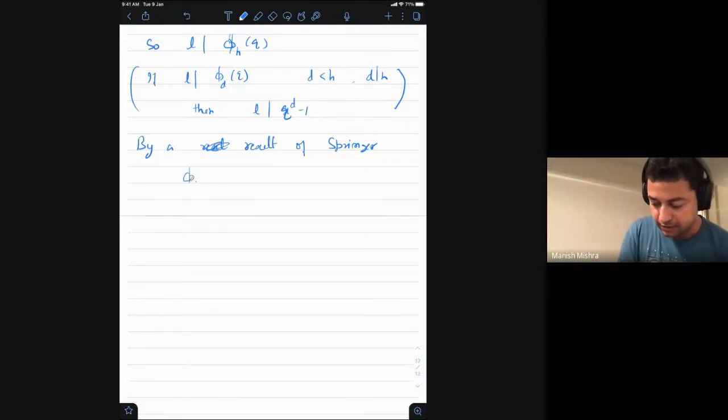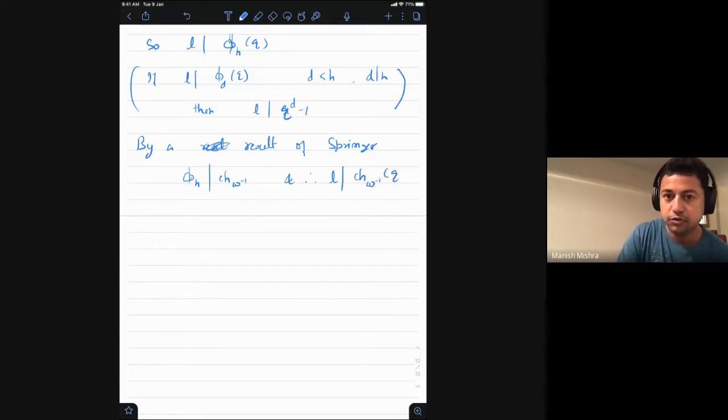It says something a bit more general, but for us this means that the hth cyclotomic polynomial divides the characteristic polynomial here, and therefore L divides ch_omega inverse(q).